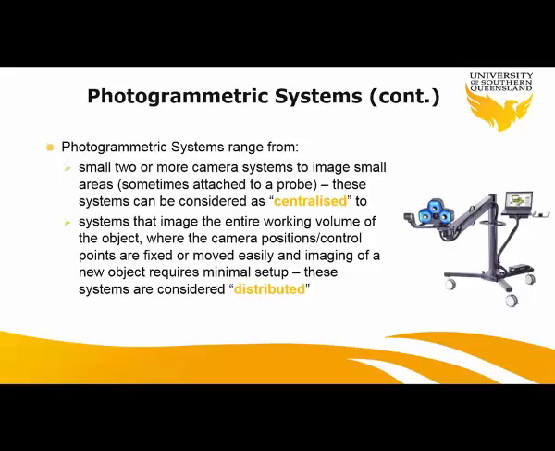I told you photogrammetry can be centralized or distributed. You probably know the distributed system, which is pretty much what we've discussed in close-range photogrammetry, that you take an image or images from the whole object. But we also have the centralized, which is this image on the right hand side.